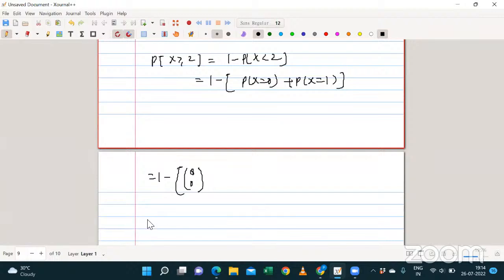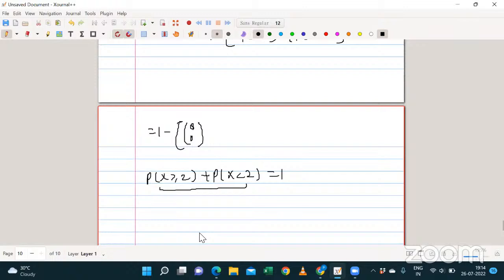See, probability of x greater than or equal to 2 plus probability of x less than 2 will be equal to 1. Adding the probabilities gives one. Here your n is 8. Less than 2 means you are adding the probabilities of x equal to 0, 1, plus greater than or equal to 2 means 2, 3, 4 up to 8.